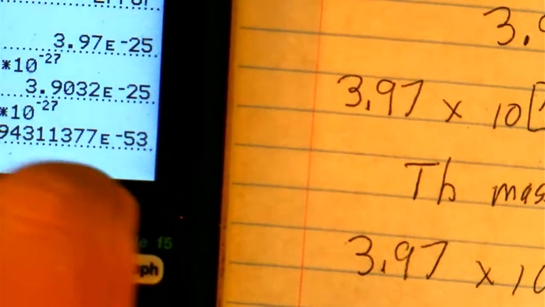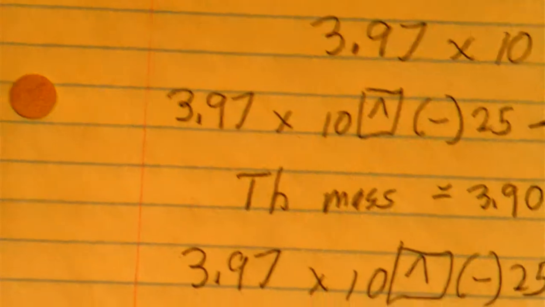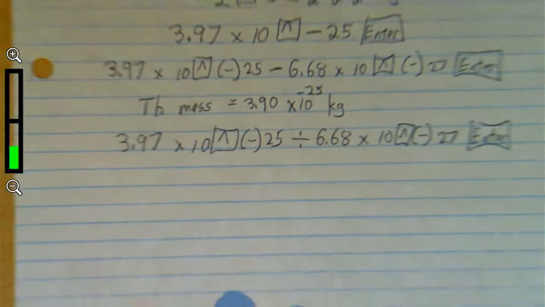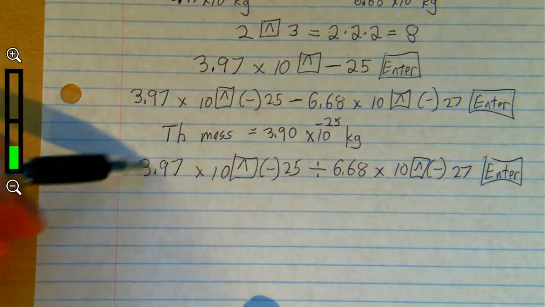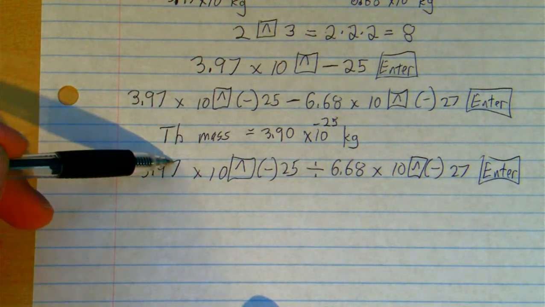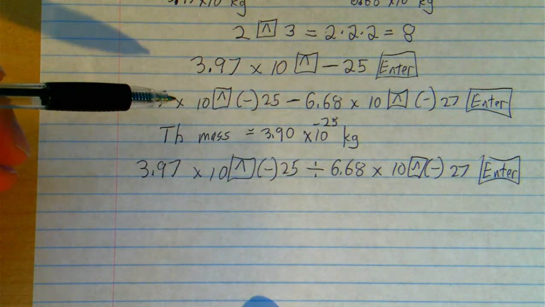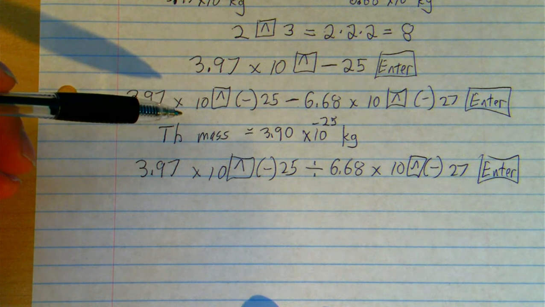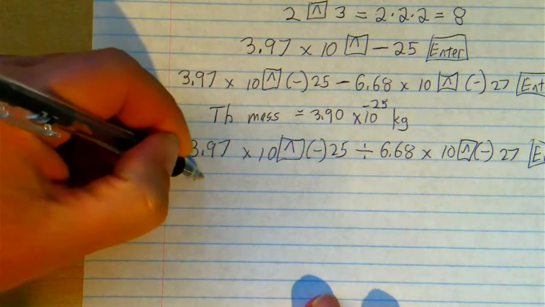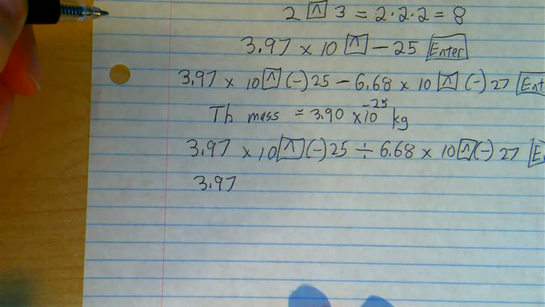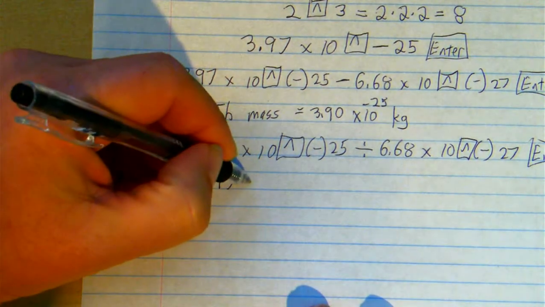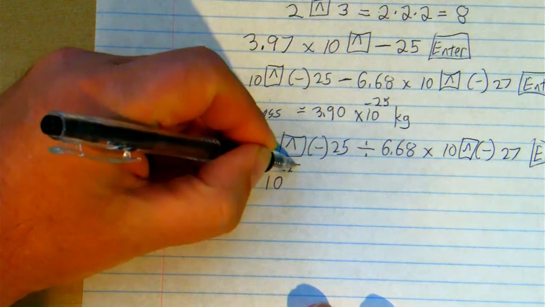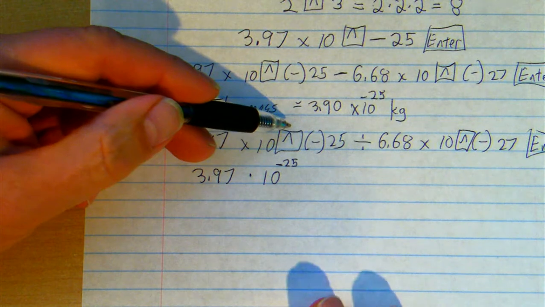Why is it wrong? Because your calculator views caret as only talking about the 10 and not about the other number, the 3.97 or the 6.68. So what it really did was 3.97 times 10 raised to the negative 25th power. That's true.